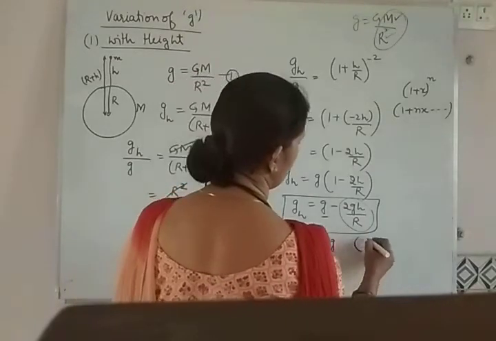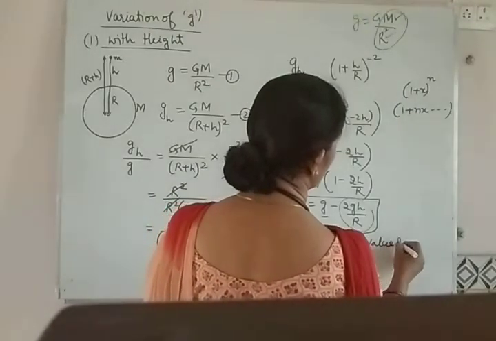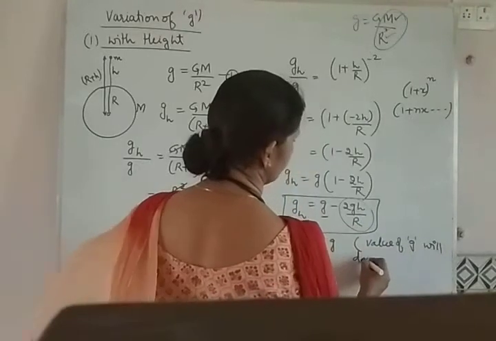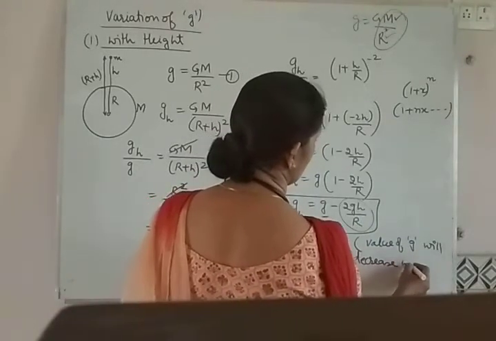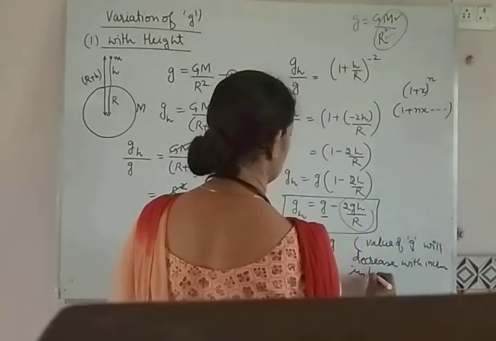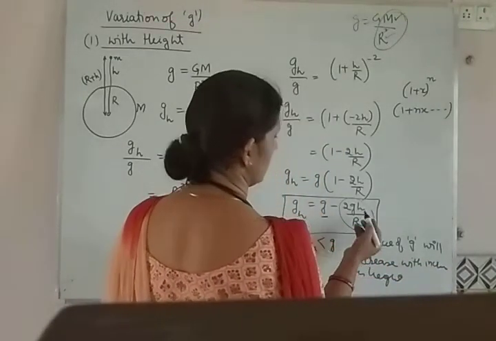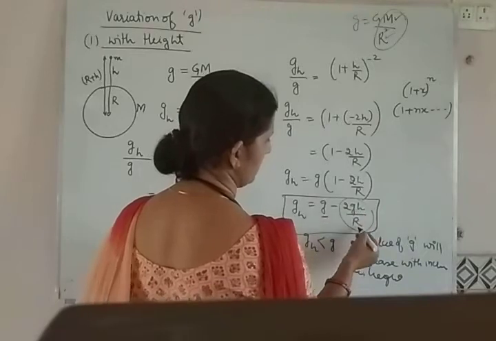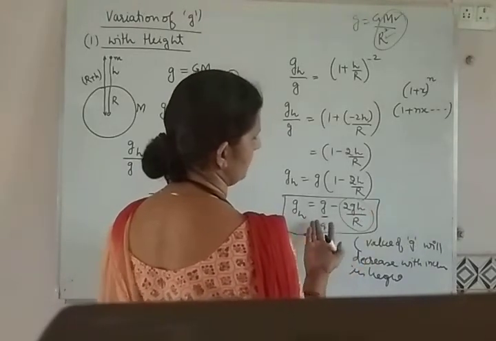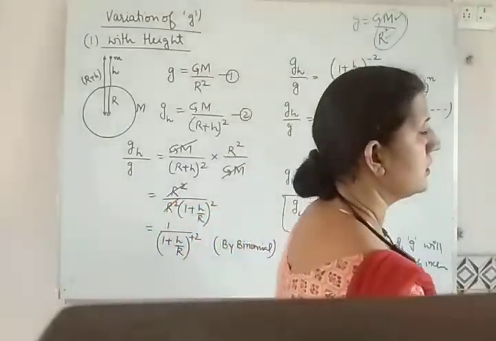The value of g will decrease with increase in height, because when you increase h this factor will increase, and 9.8 will decrease with the larger factor, so the value will be less. Note this.